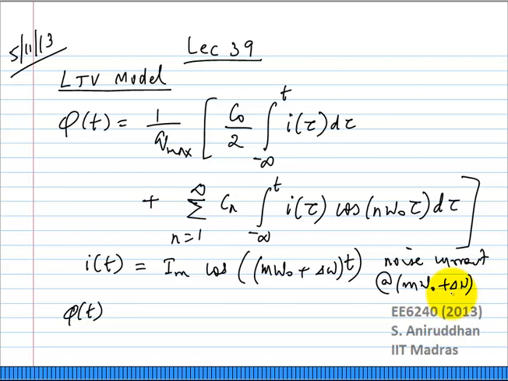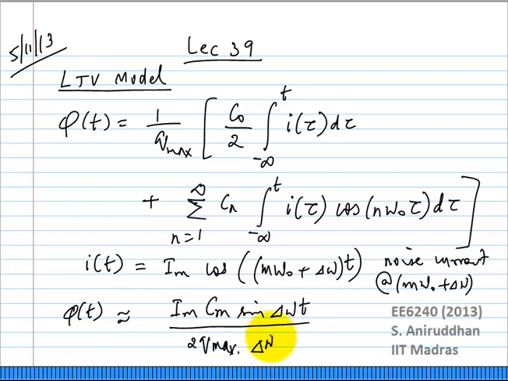So the phase disturbance due to this is going to be Im Cm sin(Δω t) by 2 Q max Δω. I'll just give you the result. So the basic idea is all the other terms will be orthogonal.